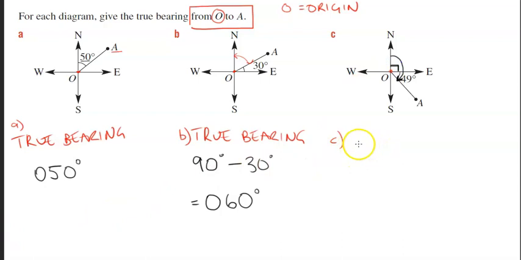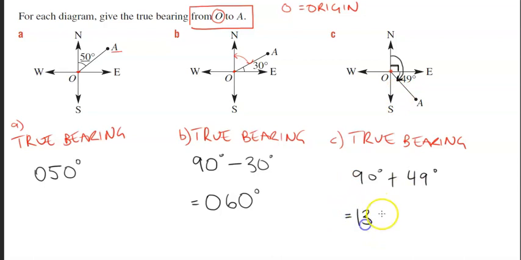So our true bearing is going to be 90 degrees plus that additional 49 degrees to get from due north to the line OA. So in this case, 90 degrees plus 49 degrees is equal to 139 with a little degree symbol.